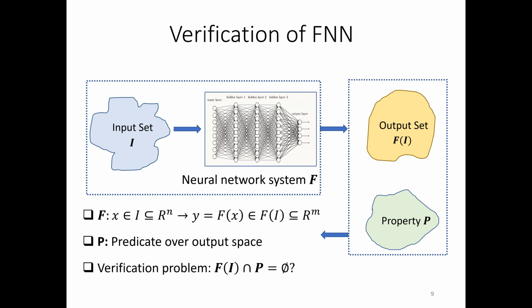And what is the verification? So suppose you have an input set and you have a neural network F, then you compute the output set of the neural network. And then you have a property, for example, a property P defined based on the output of the network. Okay. So the property P is a predicate over the output space of the network, right? And then you want to reason whether or not the output set intersects with the property P. Okay.